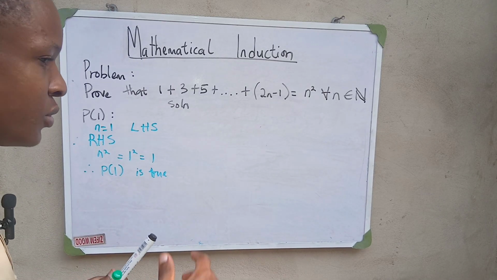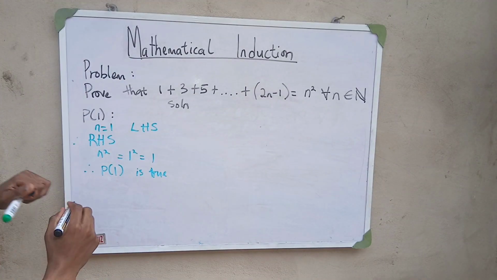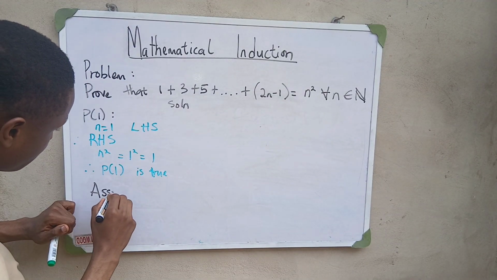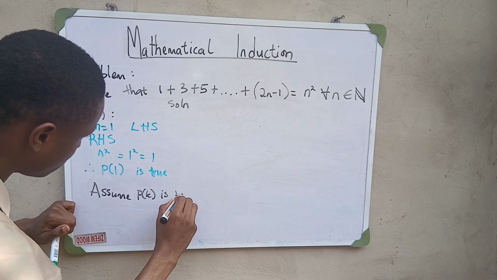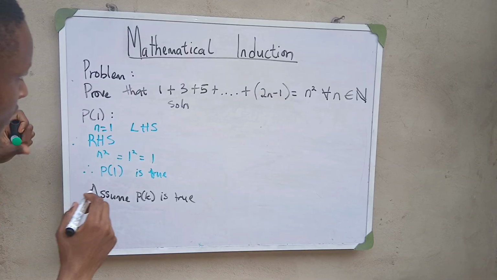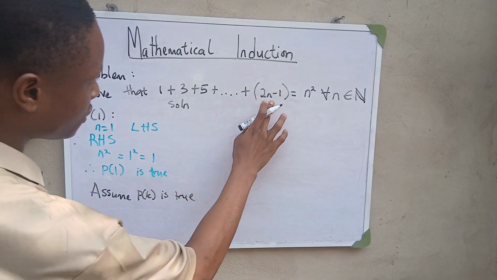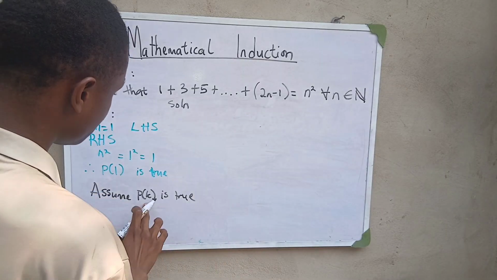Now the next step is to assume that P of k is true. Assume P of k is true. That means what we are just going to do here is put k, since it's P of k.